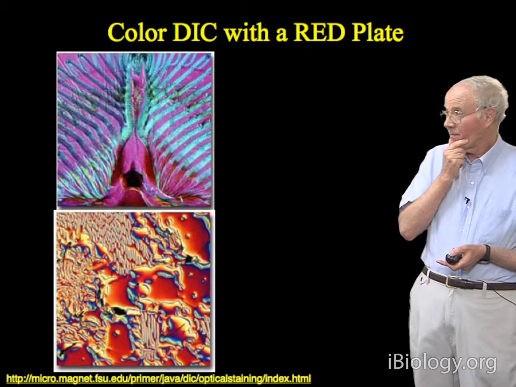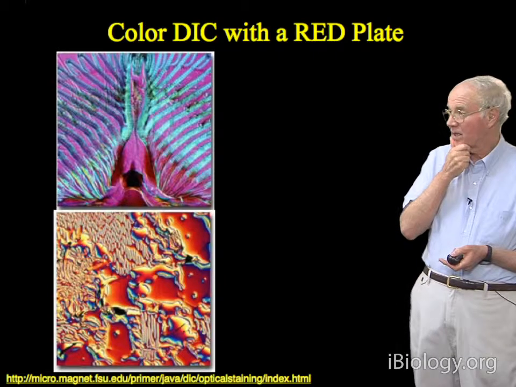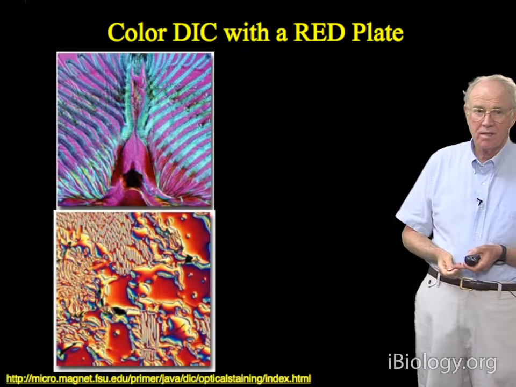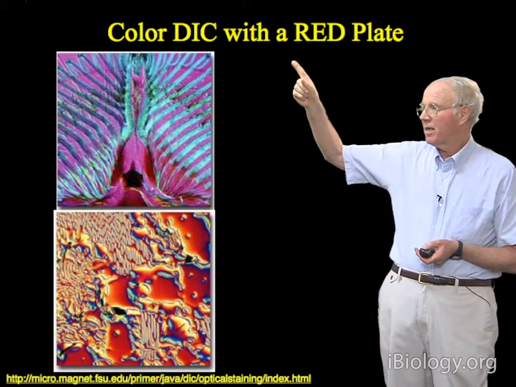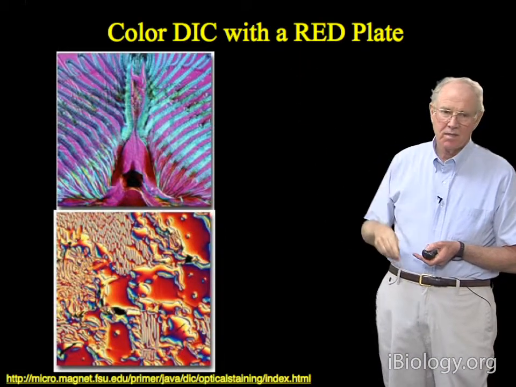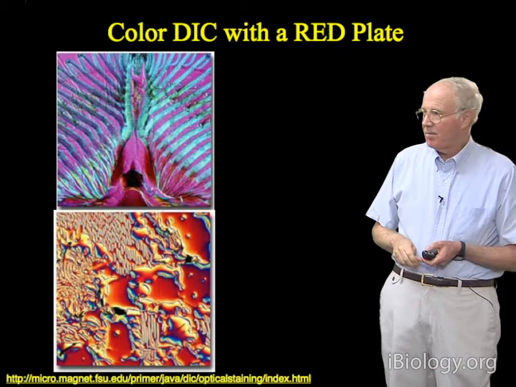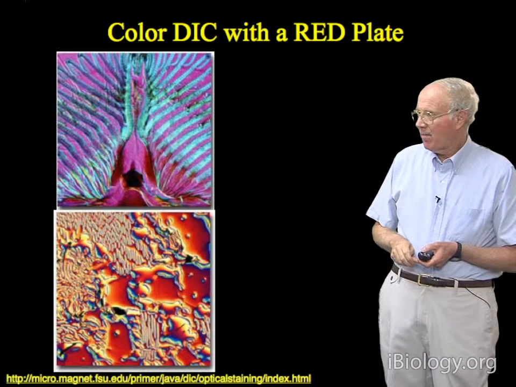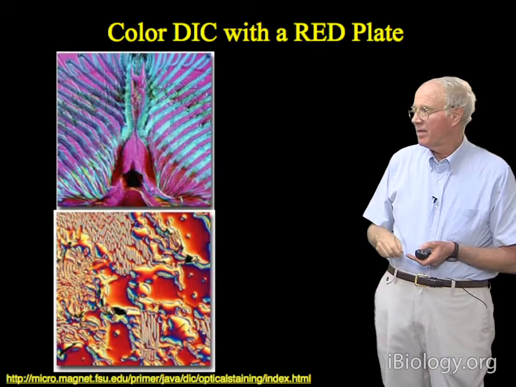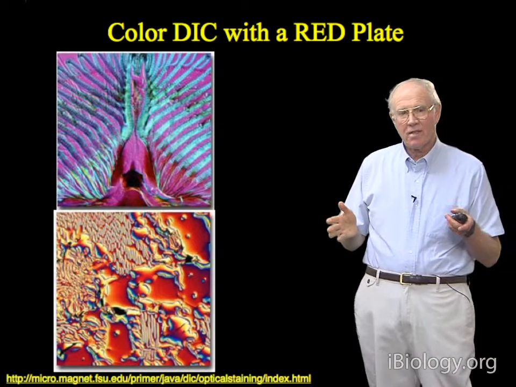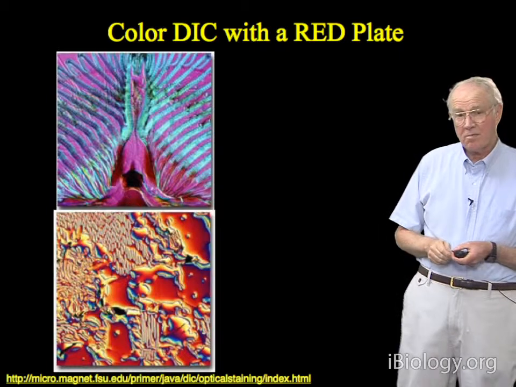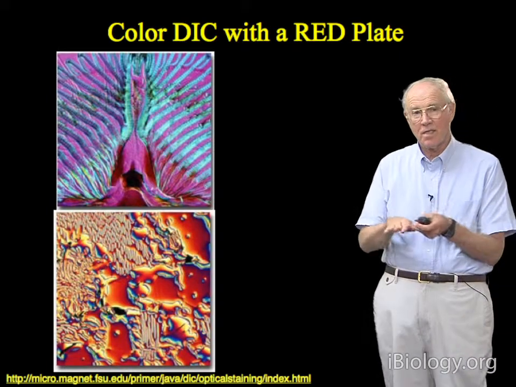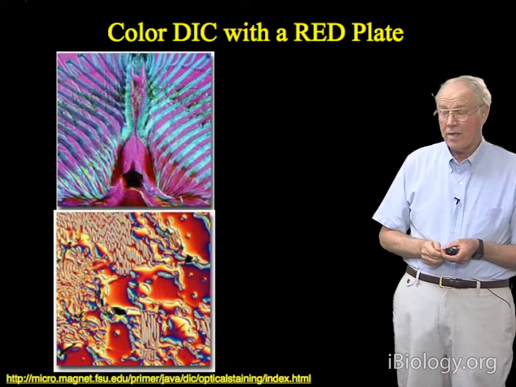Now, in polarization microscopy, you can color an image by using a compensator that has a retardation that's equal to the wavelength of green light. So 550 nanometers would be the retardation that you would put into an E and an O wave.